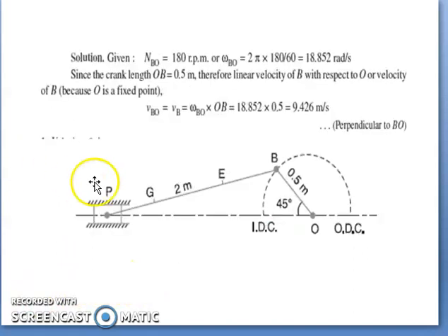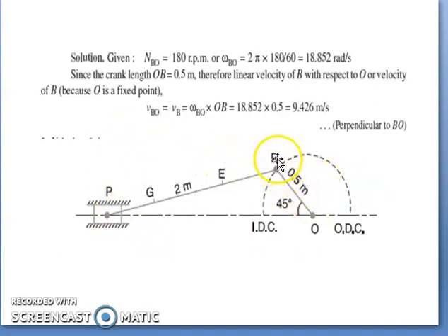So for that you can find out the angle, or from the space diagram you can find it out. Both the ways will be the same.